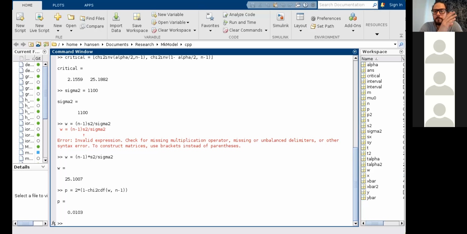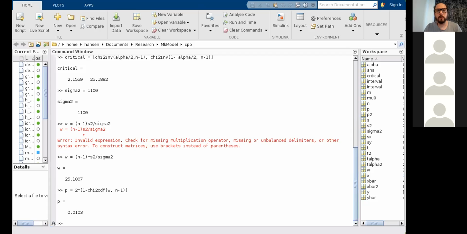So if we cannot tolerate a type 1 error with a chance bigger than 0.01, then we cannot conclude that the null hypothesis is rejected. It's because the alpha was determined to be 0.01.